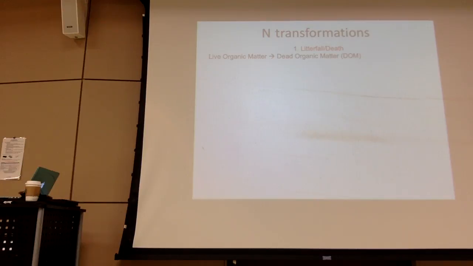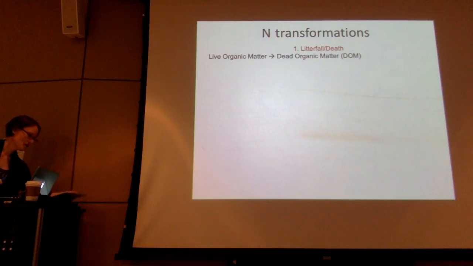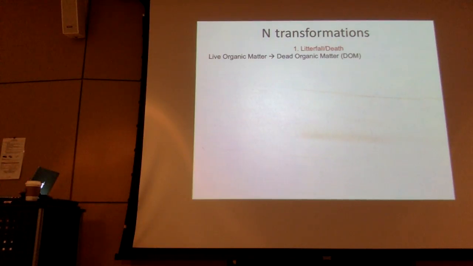When you have branches ripped off of trees from storms, or fall comes along and the leaves dry up, most of the nutrients are actually resorbed by the tree, but some of them are not. We have dead organic matter that falls to the earth. And that is already on our diagram here, the dead organic matter.